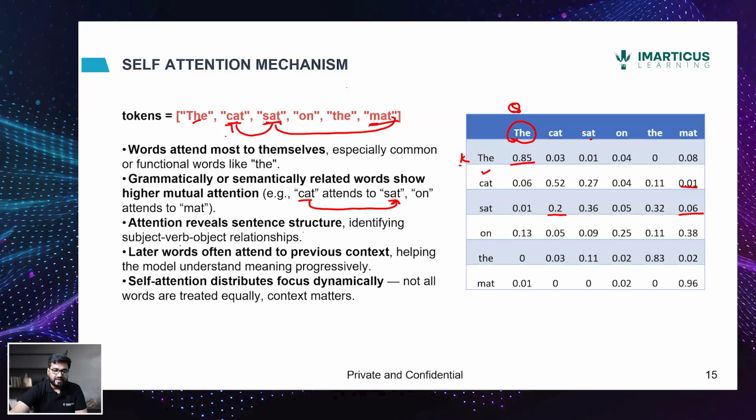So earlier we discussed that artificial neural networks are not capable of understanding the context of the sentence. Using this self-attention mechanism, we are now informing the machine that this is the relationship between the words and this is how important each word is.